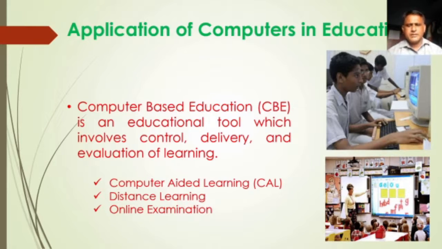We have a popular tool called CBE, computer based education, an education tool which involves control, delivery and evaluation of learning. By using it, you will have facilities like computer aided learning, which means the learning process will be assisted by using computers.